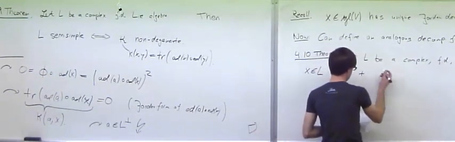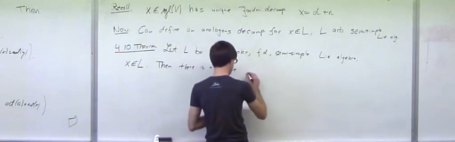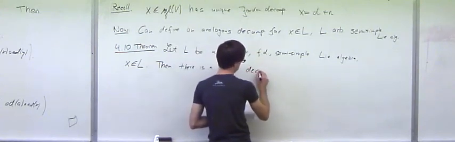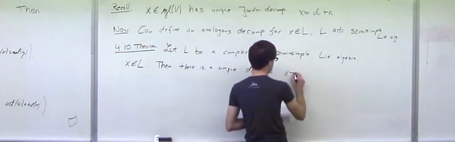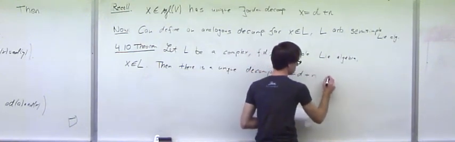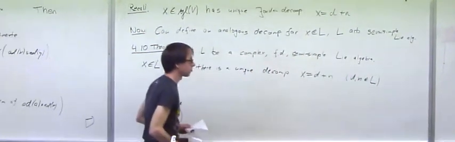And then I claim there is, again, a unique decomposition into, say, D plus N. So now D and N are elements of this Lie algebra.